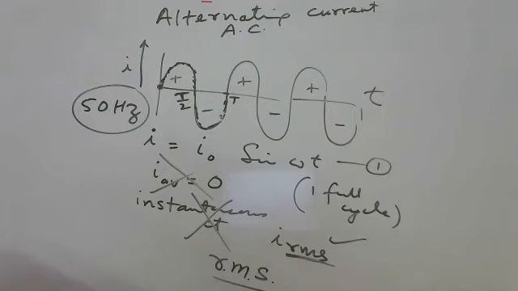So our objective here is to find the average value for the half cycle and the RMS value for the full cycle, because for the RMS value there is no question of 0, since we have squared it. So now we are going to derive two expressions, one for the average value of AC in half cycle and one for the RMS value for full cycle. Got this?